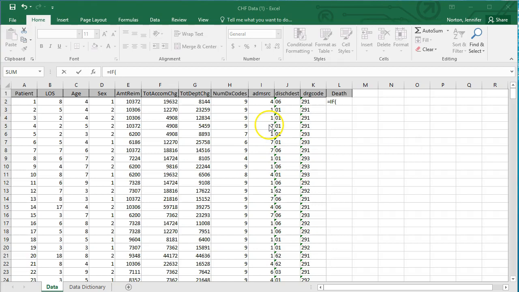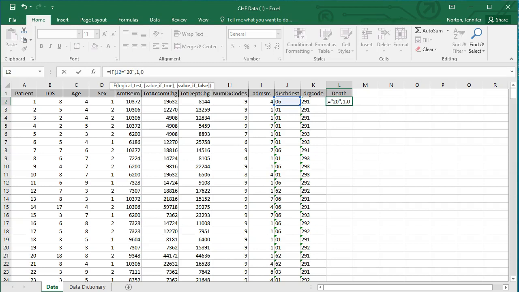If, and remember, we're looking at field J, so if J2 equals, and we need to put these in quotation marks, 20, comma, it's going to populate a 1, all others is going to populate a 0.